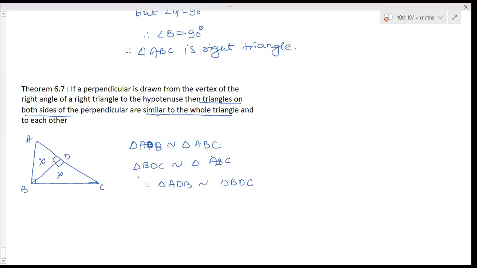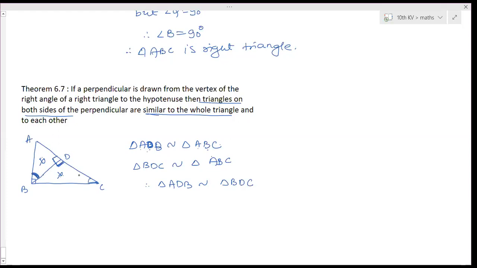And remember this naming part. While proving these two triangles similar, in both of them D and D are 90 degrees. And one thing: always, the C of this triangle is equal to the B of this triangle.